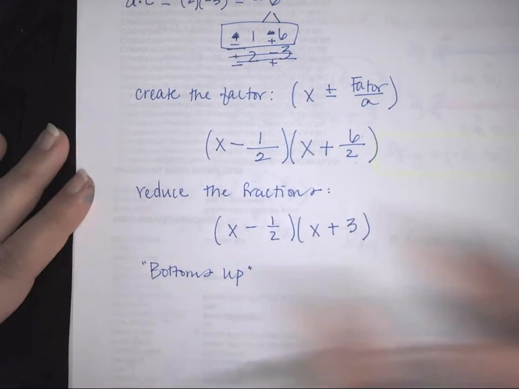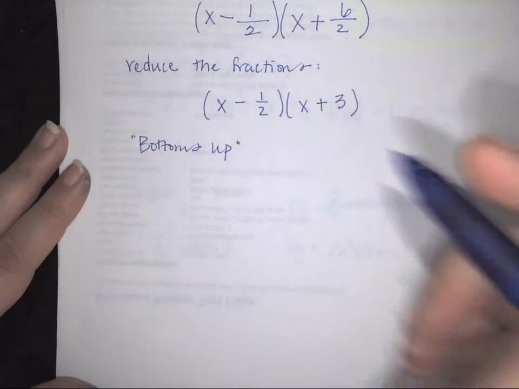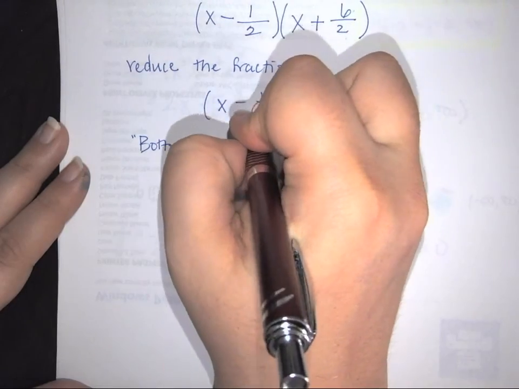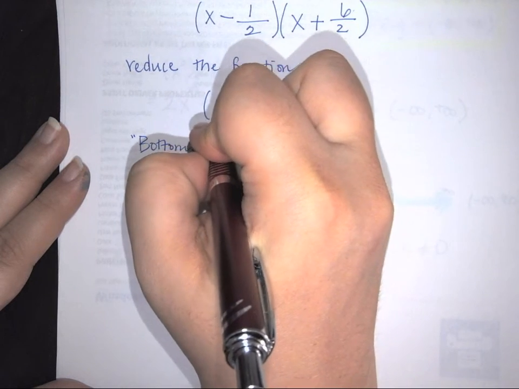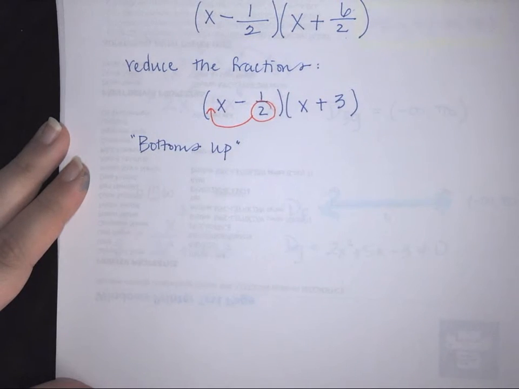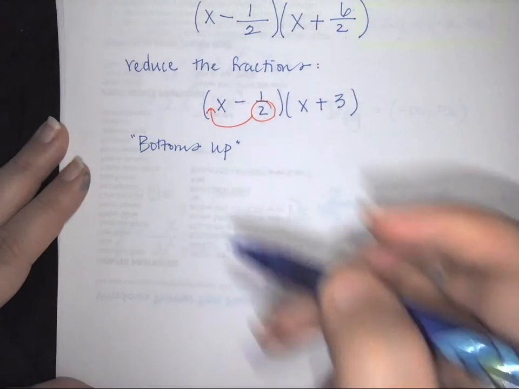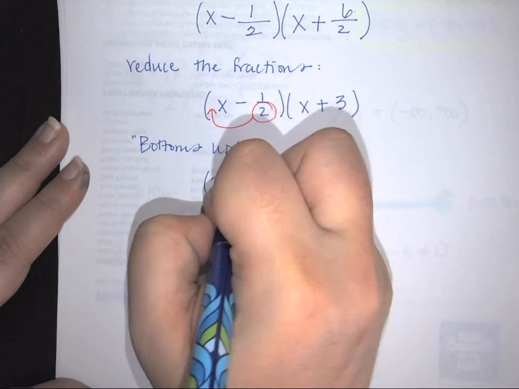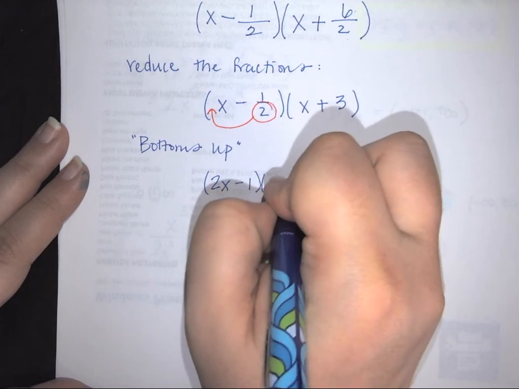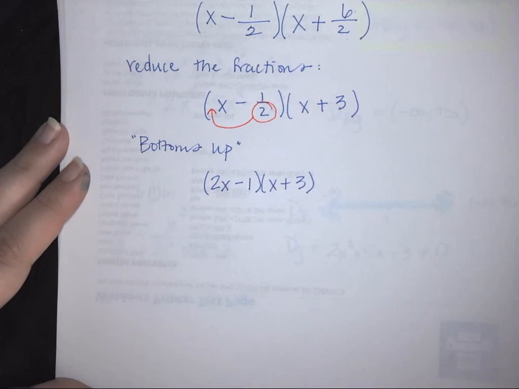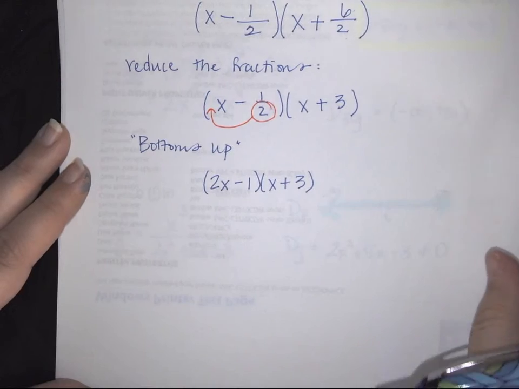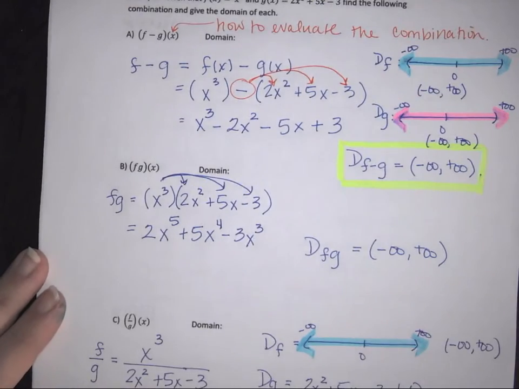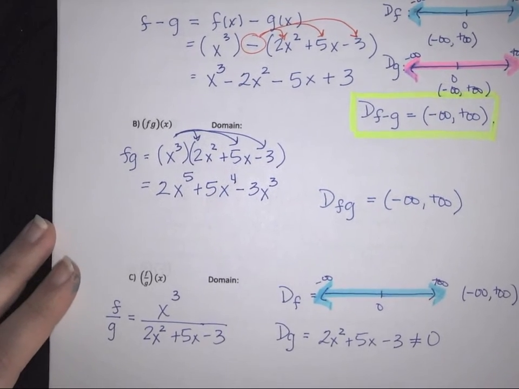Bottoms up says whatever you have in the bottom, so this 2, is going to go up next to your variable. So my factors become 2x minus 1 and x plus 3. So that's a quickie on being able to factor.